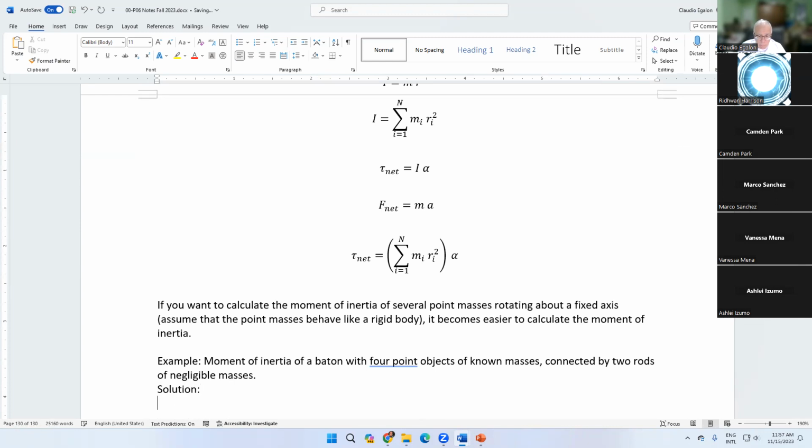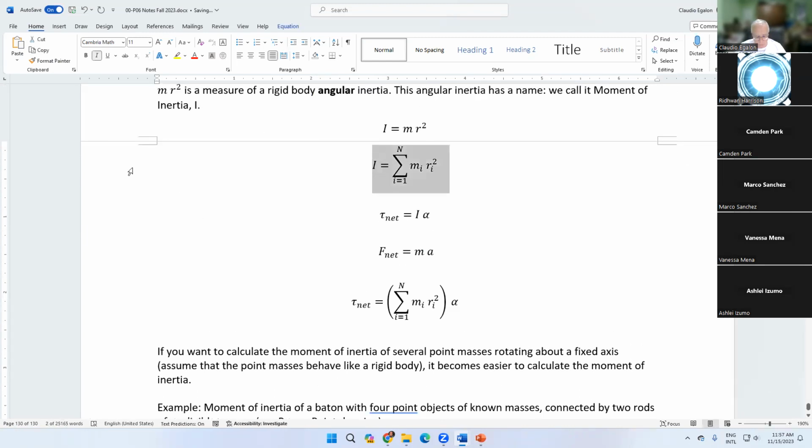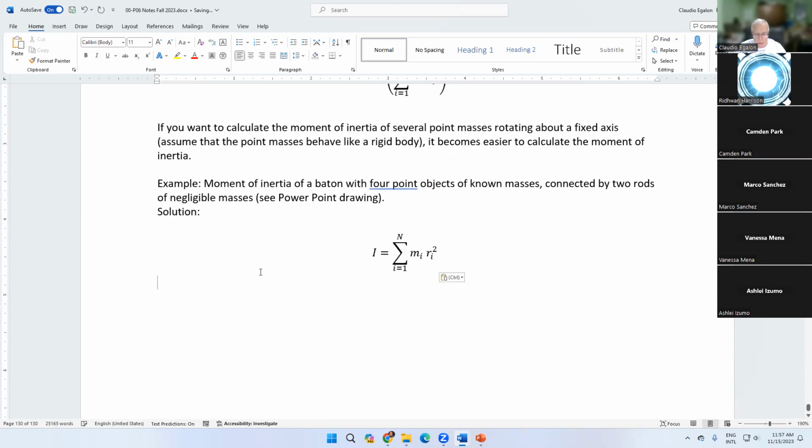Solution. The first one, the moment of inertia, is very straightforward. So here we go.